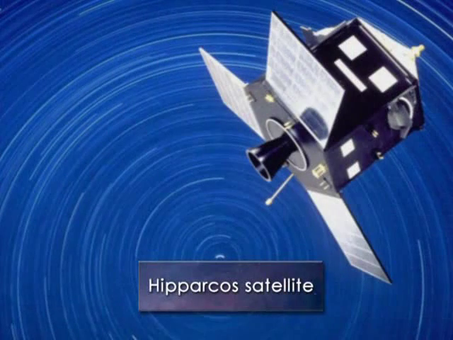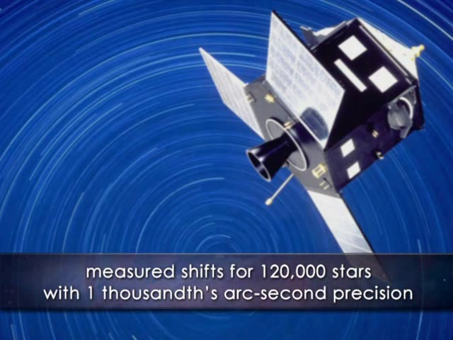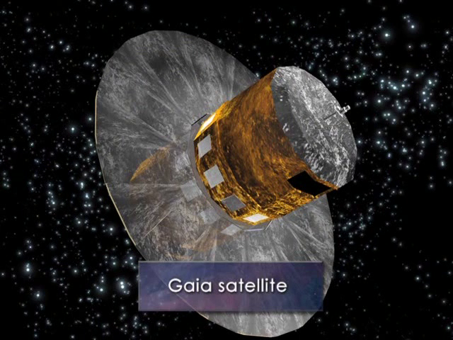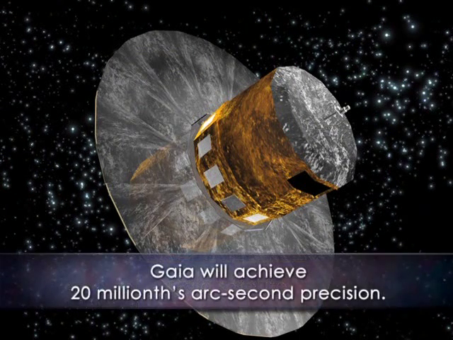So, since the 1990s, the European Hipparcos satellite measured parallax shifts for 120,000 stars with a precision of 1,000th of an arcsecond. And the satellite Gaia, which is Hipparcos' successor and due to be launched in 2011, will achieve 20 millionths of an arcsecond precision.